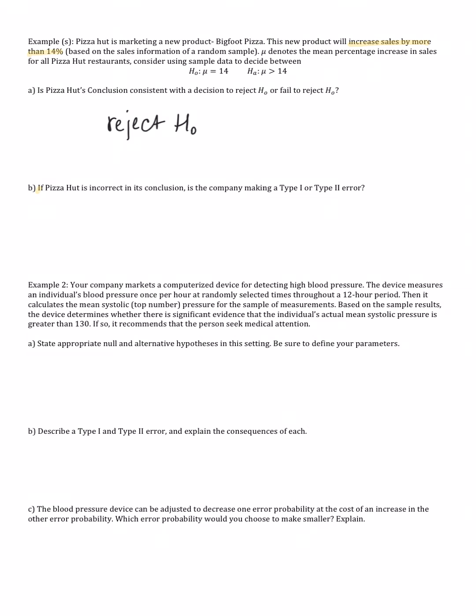If Pizza Hut is incorrect in its conclusion, is the company making a type 1 or type 2 error? So they believe or claim greater than 14%, but they really are making 14% or even less.